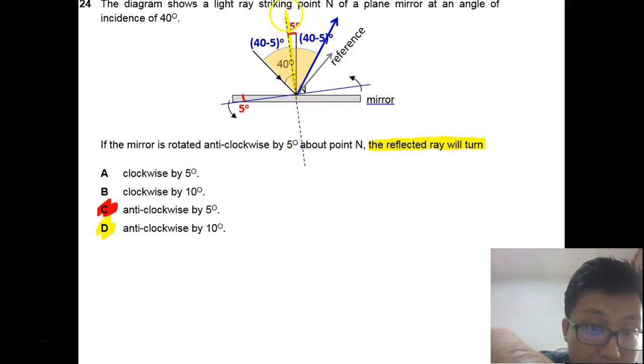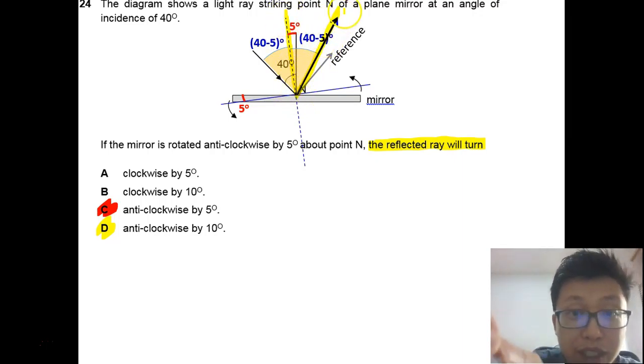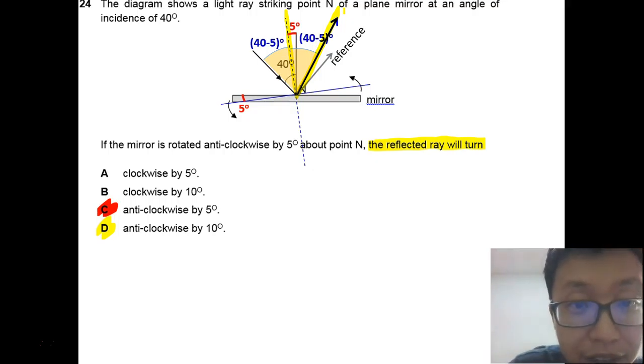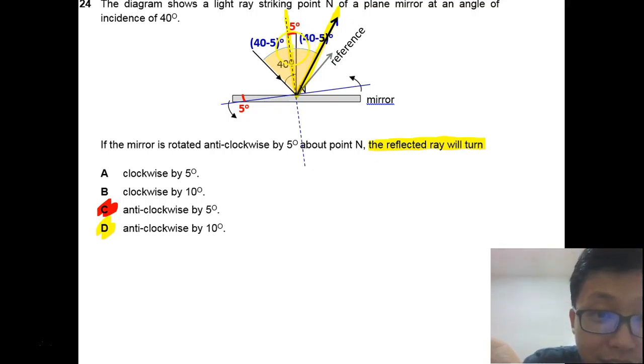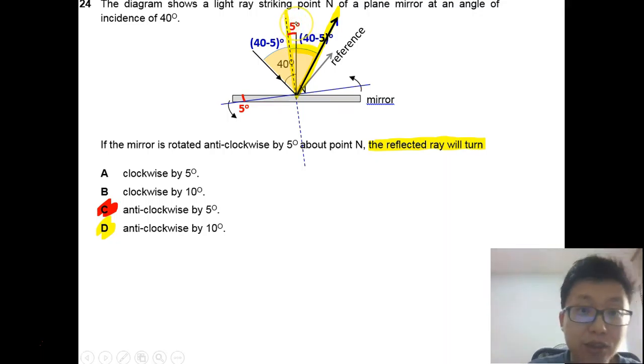Can you see from this to this is 35. Okay. This to this is 35, including this thing. So this is 35. So now you have this new reflected ray. You want to find the angle between the gray, the old reflected ray, with this new reflected ray.